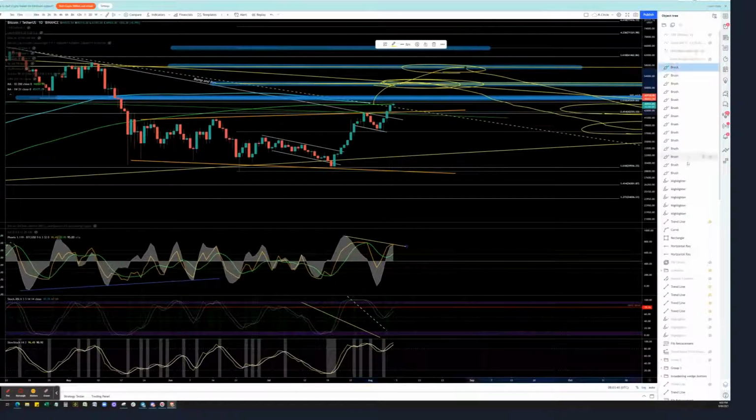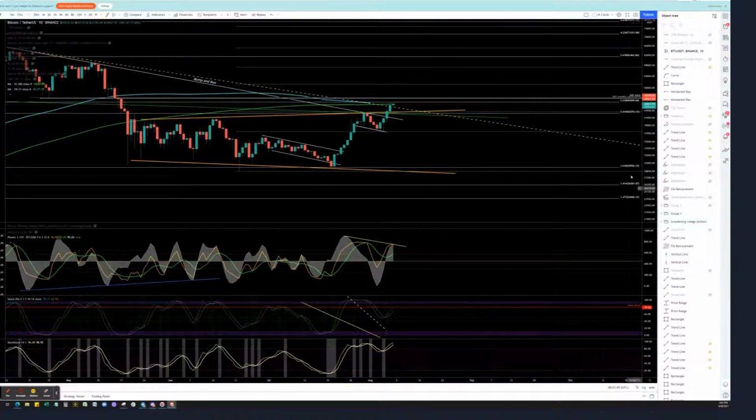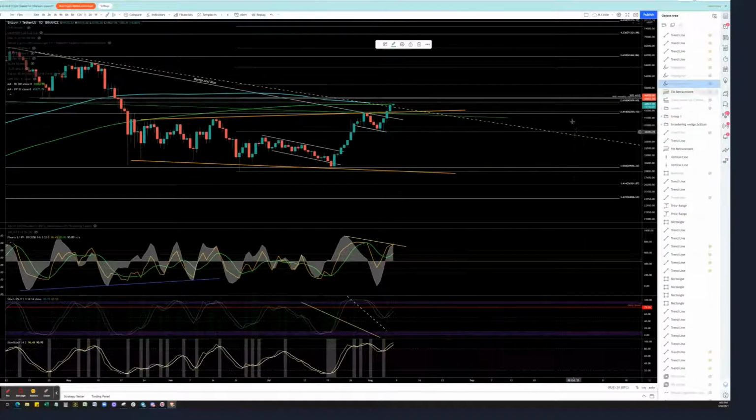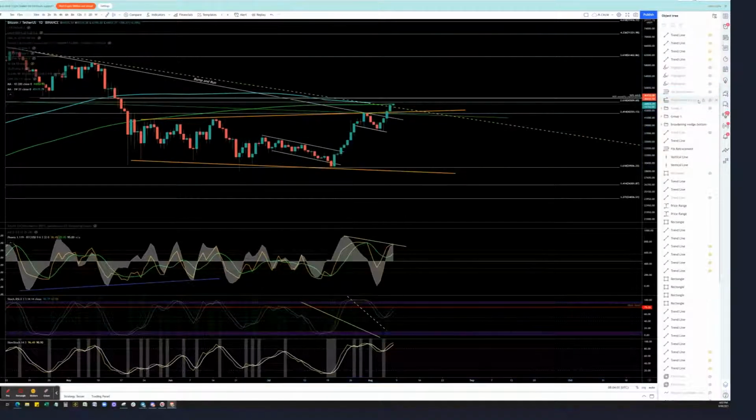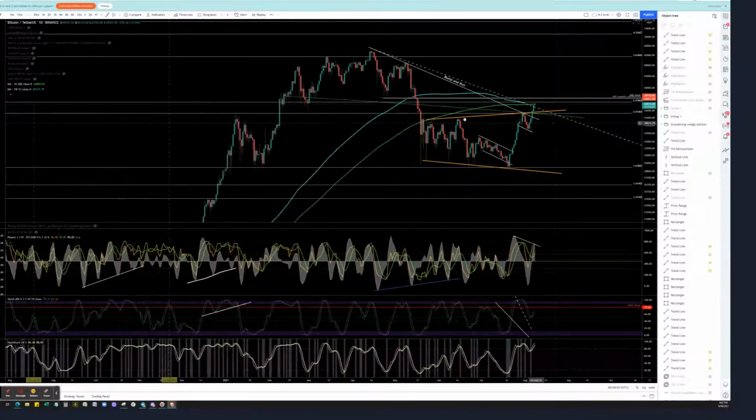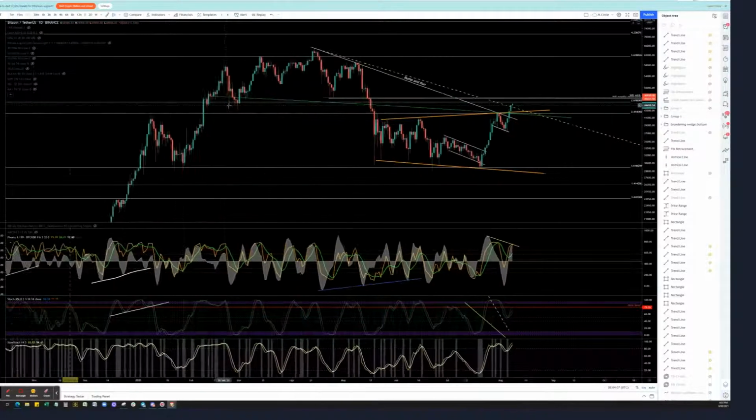Got a lot of drawings there. Where are we? So we can get rid of that. And we can get the moving averages away just to hide it for a sec.